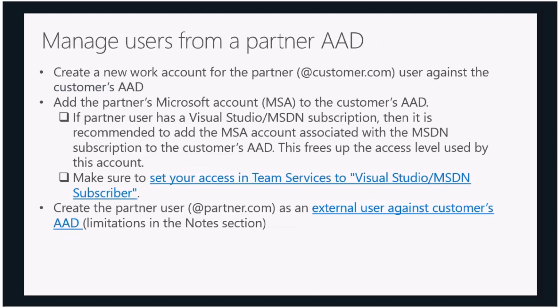A couple of notes that we want to highlight with respect to the users. In the case of a Dynamics 365 implementation, essentially the LCS project is set up against the customer tenant, which means that the customer will have to explicitly add users from any other tenant, either from a partner organization or from Microsoft for that matter. That would mean that we are from a different tenant other than the customer's.